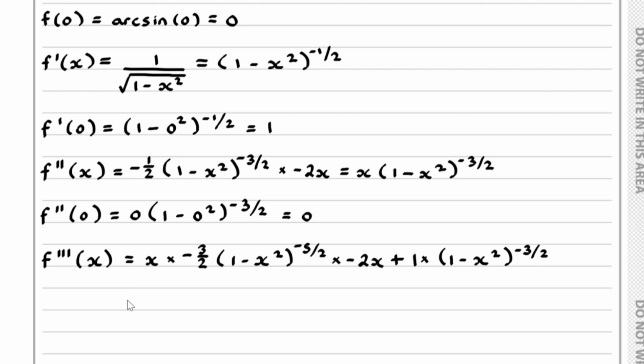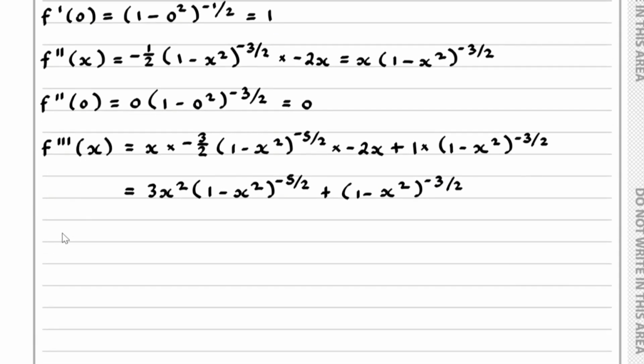And if we tidy this up even further, we have x times x, which is x squared. And then we have the 3 over here because the half and the 2 cancel out, so do the minuses. So we have 3x squared lots of 1 minus x squared to the power of minus 5 over 2 plus 1 minus x squared to the power of minus 3 over 2.